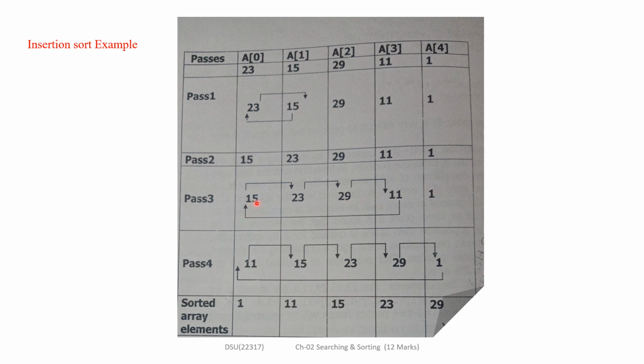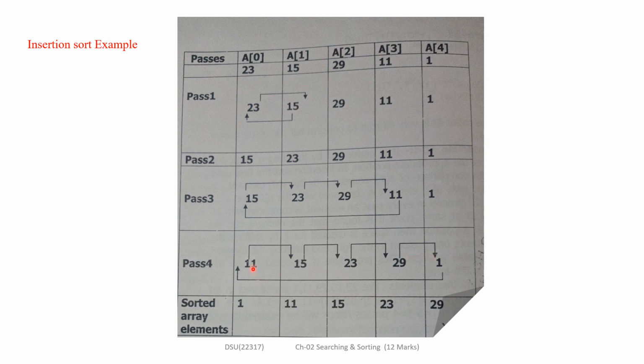Here we get 11, 15, 23, 29 and 1. After pass 3, our list is 11, 15, 23, 29 and 1. Now in pass 4, the last element 1 is compared with the first element.